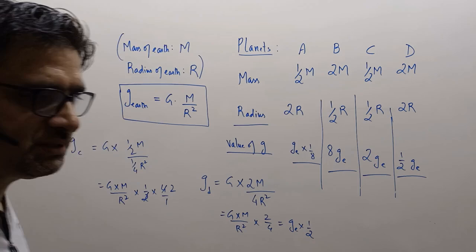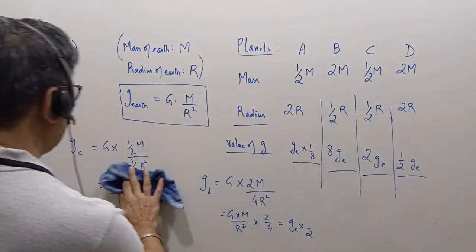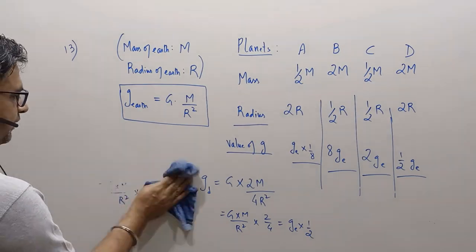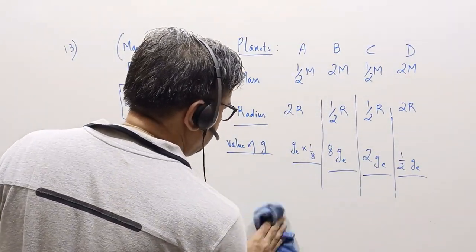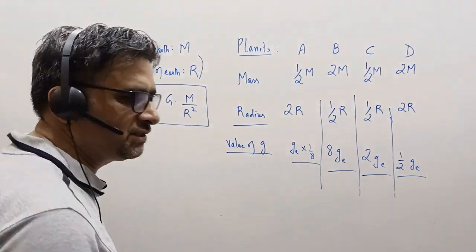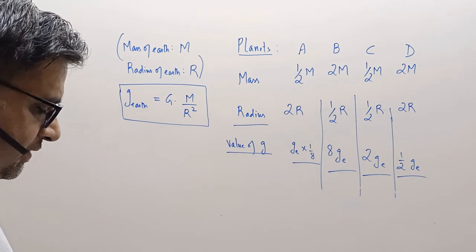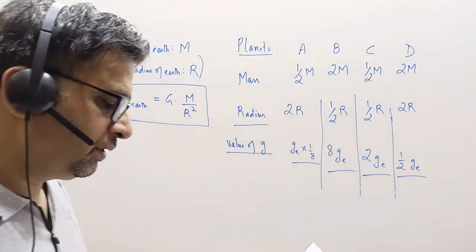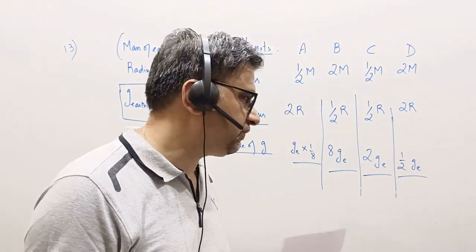Now based on this, we have a couple of questions that we will answer. Now we have got all the back-end activity done. When I say back-end activity, we have calculated the acceleration due to gravity for all. So the first question asks, identify the planet with the highest value of g.